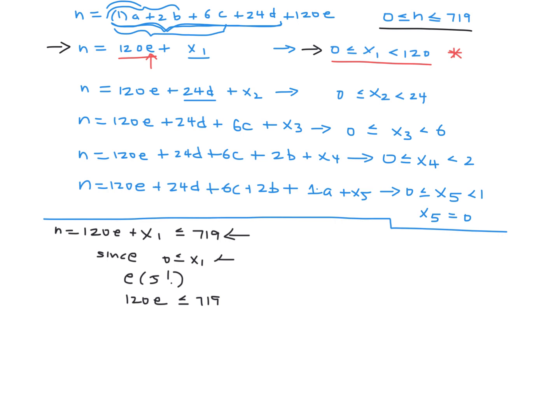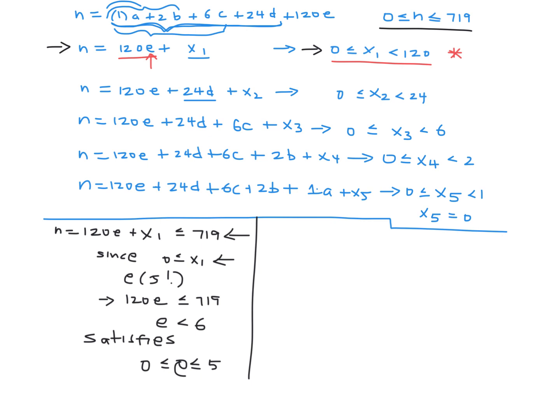I'm just combining this with this fact. Therefore, e has to be less than 6 if you divide both sides by 120. That satisfies my parameter that e is between 0 and 5, keeping in mind that e is an integer, and you can't have something like 5.5. So it's always going to be an integer. All of this proves that this can be done with e being in that range. So that's the first part.